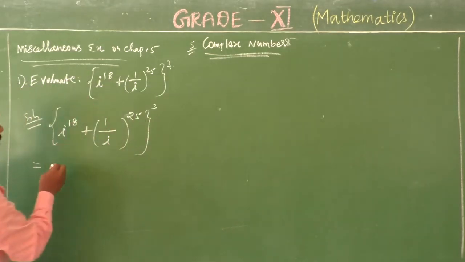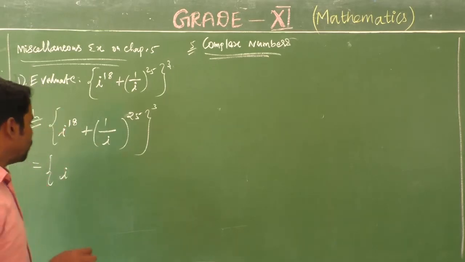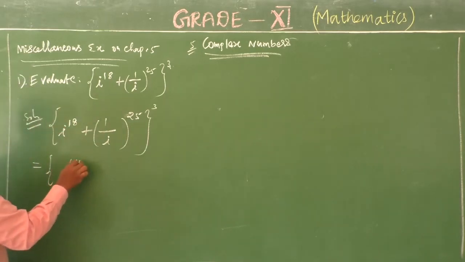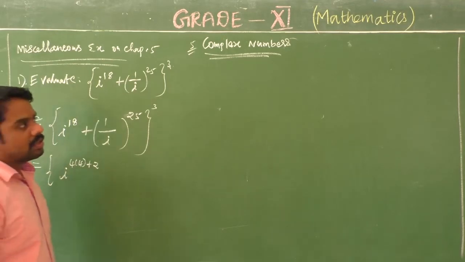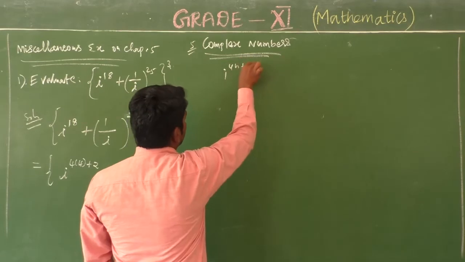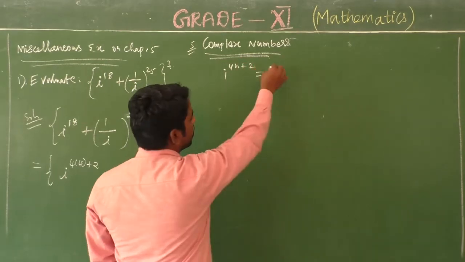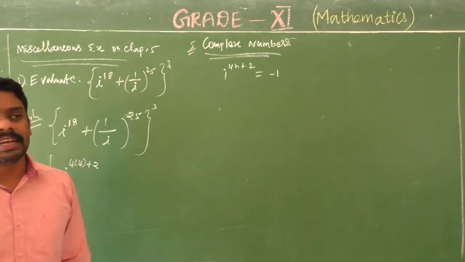For example, i^18 is written as 4 into 4 plus 2, since 4 fours are 16, plus 2. That is the form i^(4n+2), and i^(4n+2) is minus 1. That is the value of i squared.